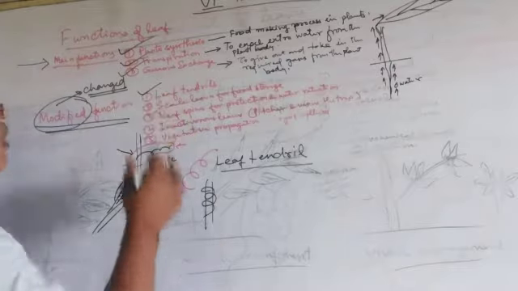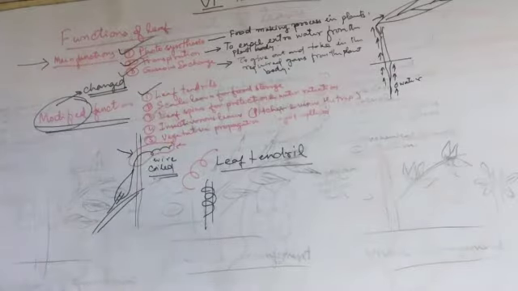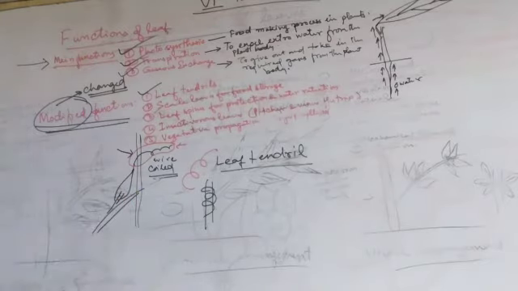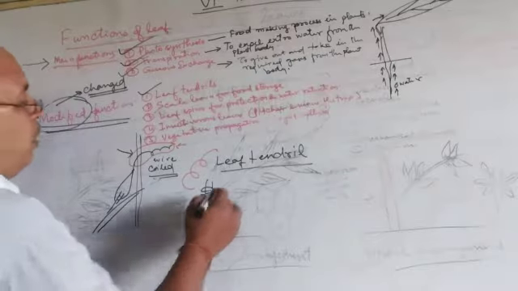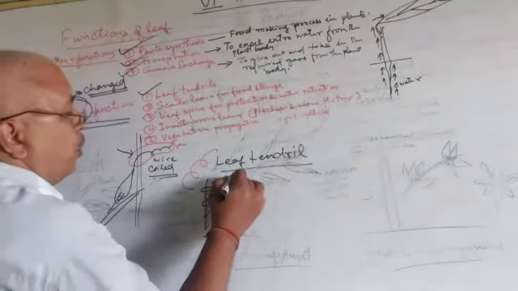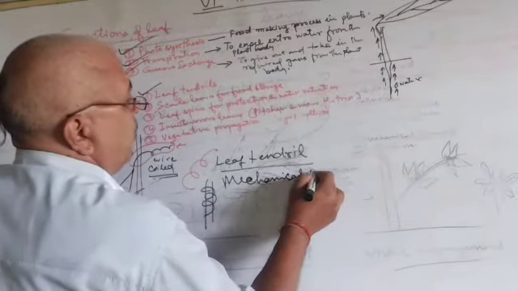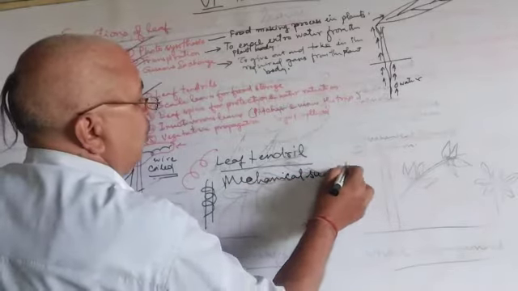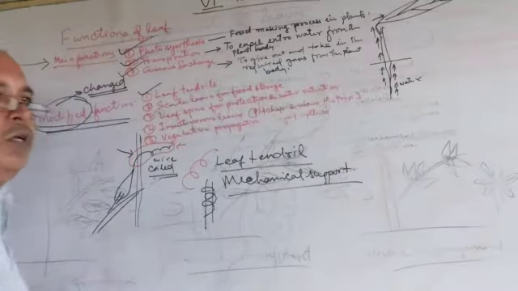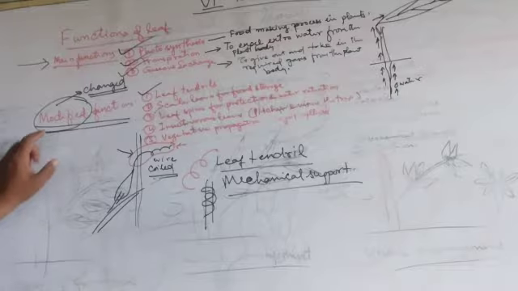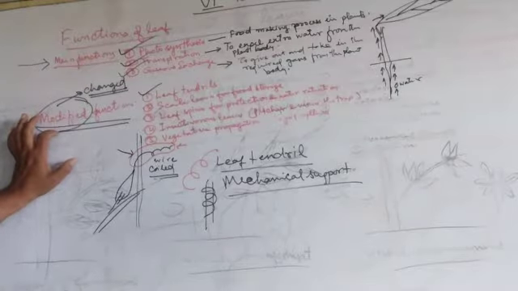They can rise up. So these leaf tendrils are the modified leaves that develop from the leaf tip and help in mechanical support. Mechanical support. So this is the first kind of modification in the leaf, and this is one of the modified functions, changed functions of the leaf.